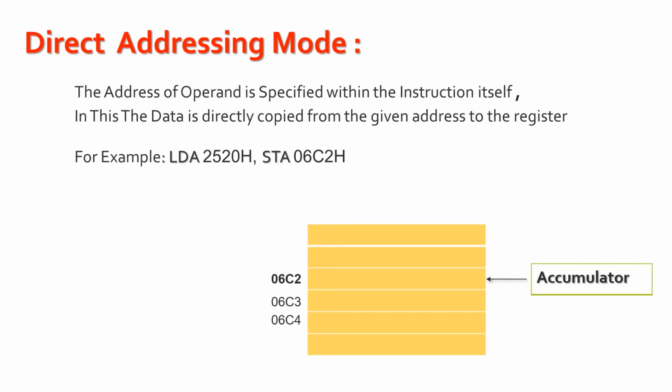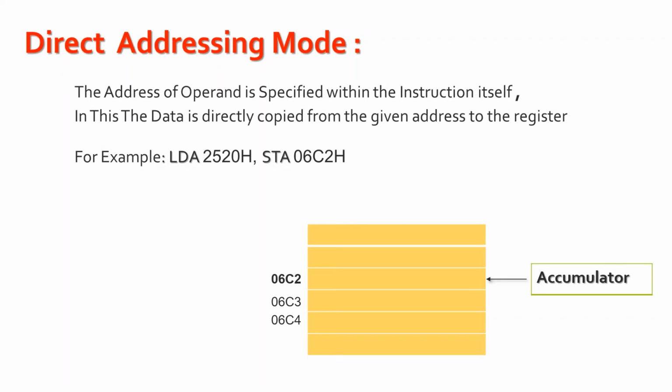STA 06C2H. In direct addressing mode, the address of the operand is specified within the instruction itself. The meaning of this example, LDA 2520H, is to load the accumulator from the memory location, that is the contents of memory location 2520H.